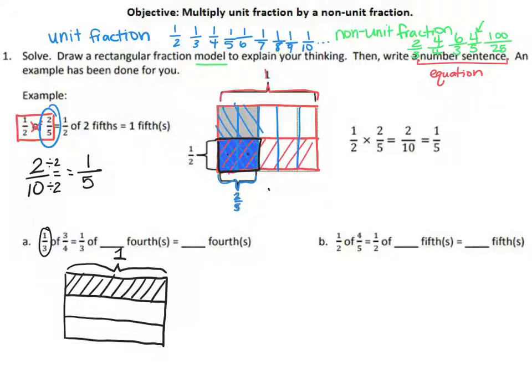So there's 1/3 of 3/4. Now I need to split the other way into fourths. So here's a half, 1/4, 2/4, 3/4, 4/4. And I'm going to be shading in 3 of those fourths.